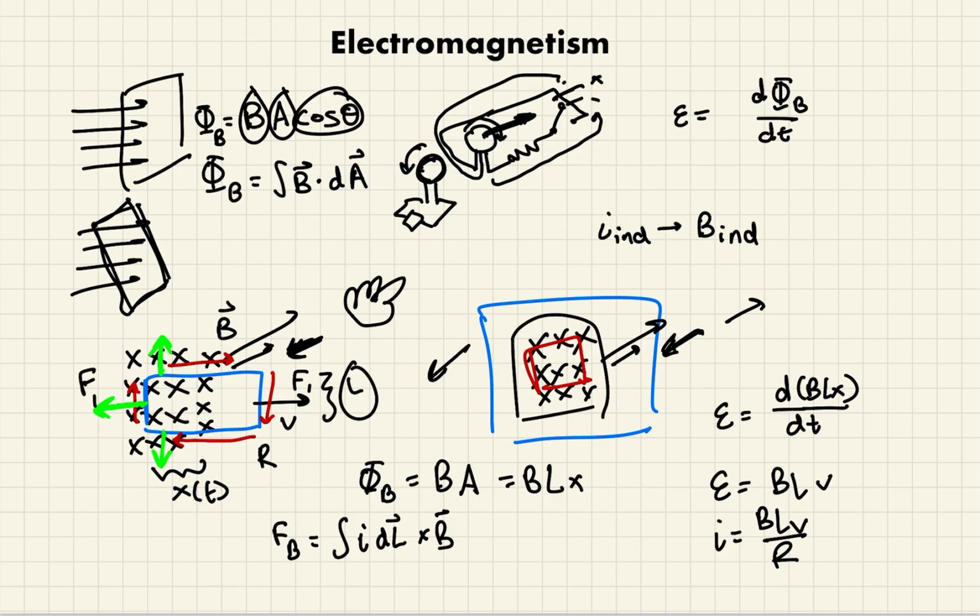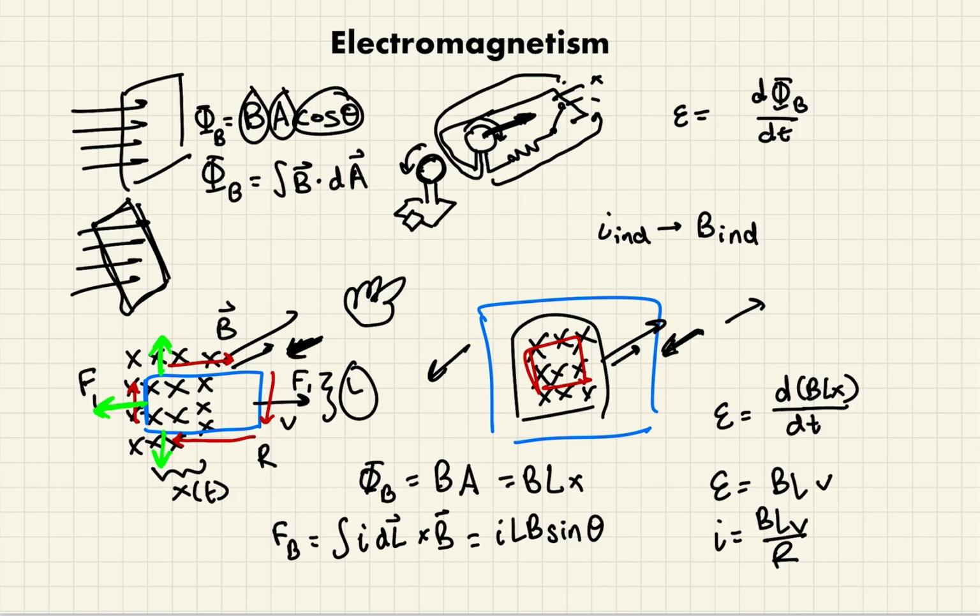In this case, they're not vectors, they're just magnitudes. They're perpendicular to each other. We don't need the cross product here. It's just going to be equal to ILB times sine of theta, because it's a cross product. Theta, in this case, is not the same theta as up here. Theta is going to be the angle between the current carrying wire and the magnetic field, which is 90 degrees.